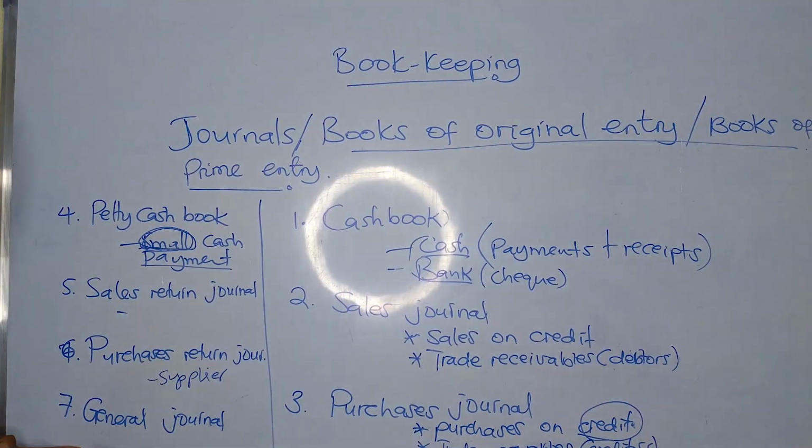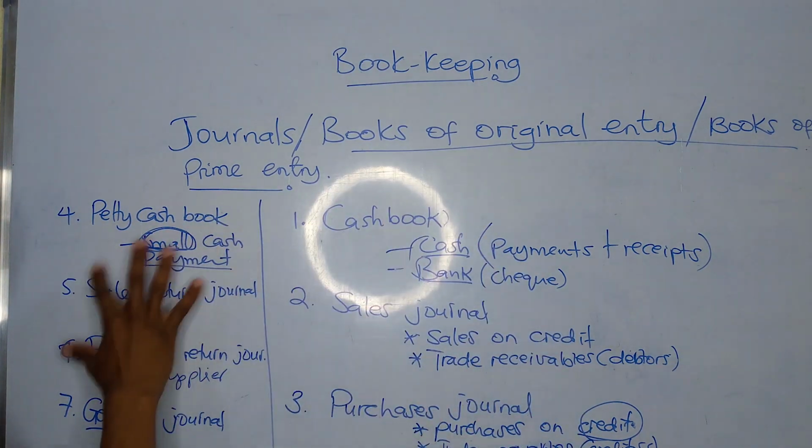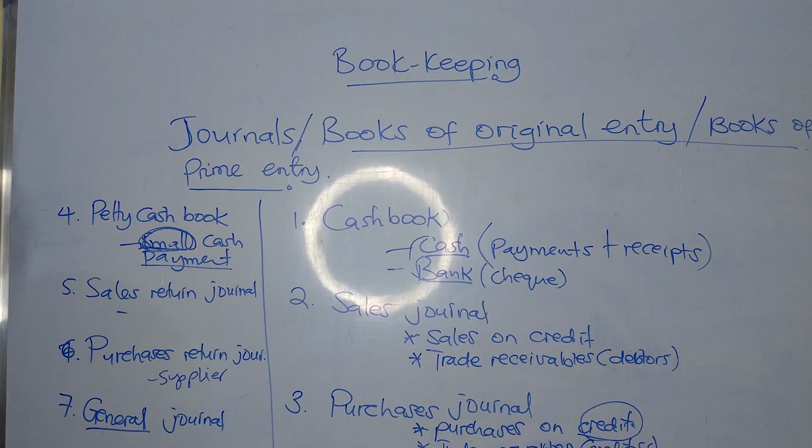Now we have the general journal. Just like the word says, this is a book of original entry that records all transactions that are not related to these journals. These transactions may include doubtful debts, recoverable debts, and correction of account errors.